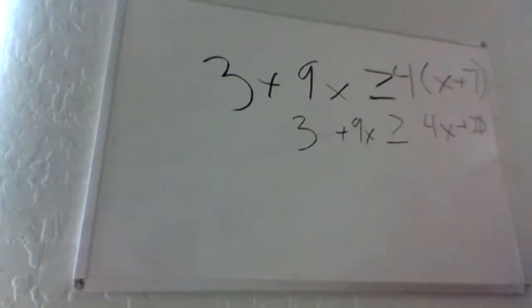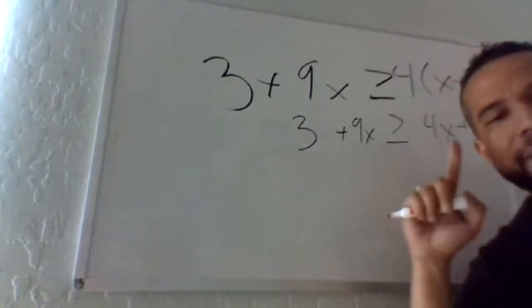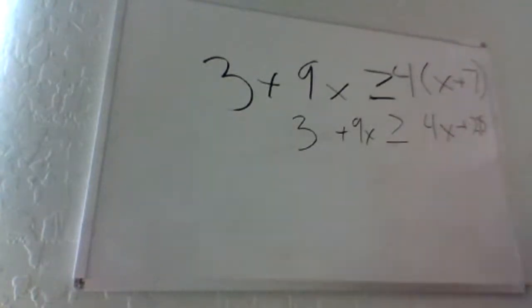Now what? I subtracted 3 with 28. Wait, 3 with 3 and 28 with 3. Okay. So let's try to take it one step at a time, right? So let's eliminate one thing. What do we want to eliminate? I want to eliminate 3. Okay. So how would I do that?